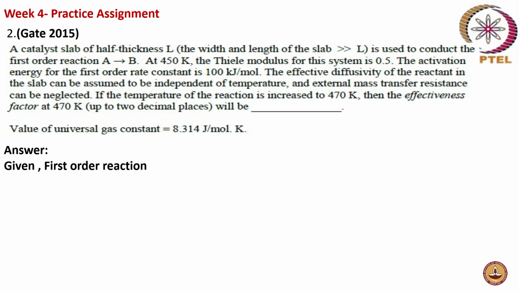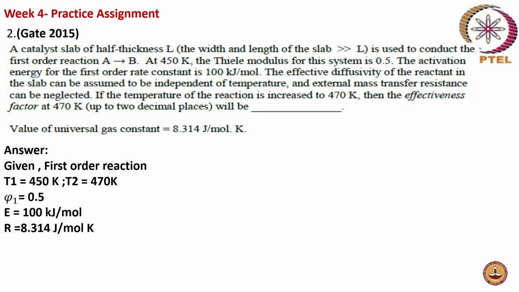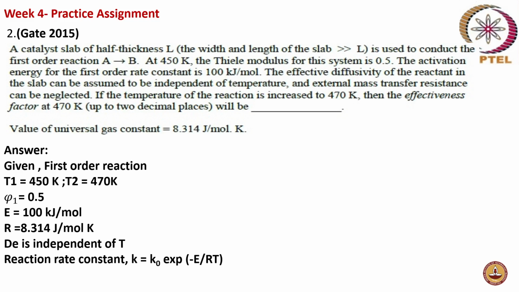Now, given first order reaction, T1 is 450, T2 is 470 Kelvin, phi1 is 0.5, E is 100 kilojoule per mole, R is 8.314 joule per mole Kelvin. Now D is independent of T, and the reaction rate constant can be given by the Arrhenius relation. So K is equal to K naught into exponential of minus E by RT, where K naught is the frequency factor, E is the activation energy, R is the universal gas constant, and T is the temperature.